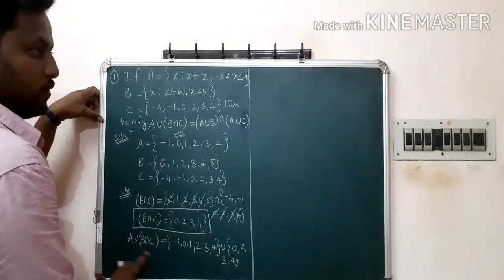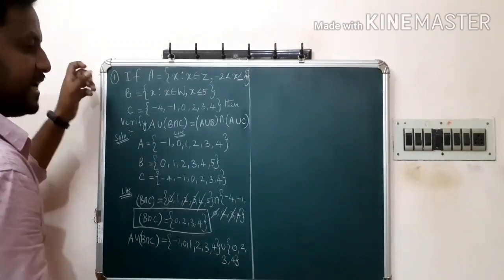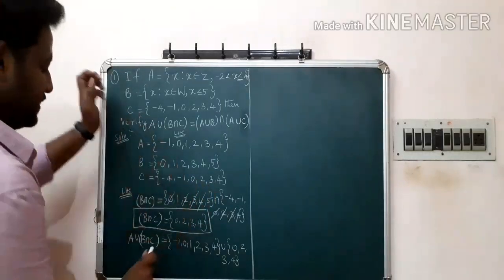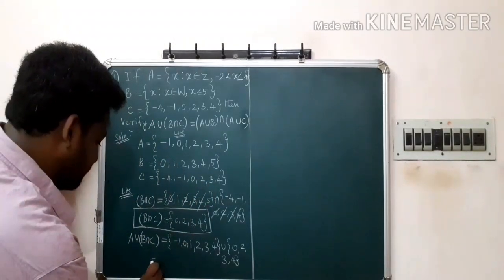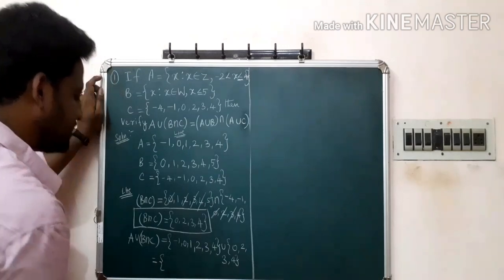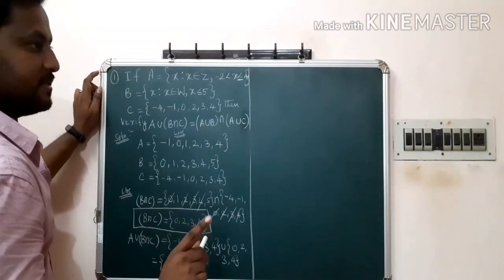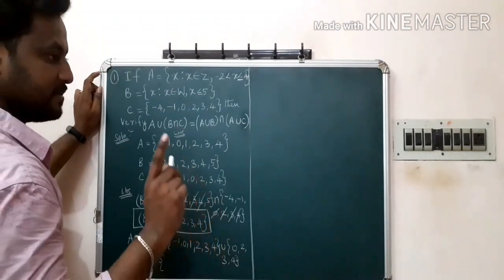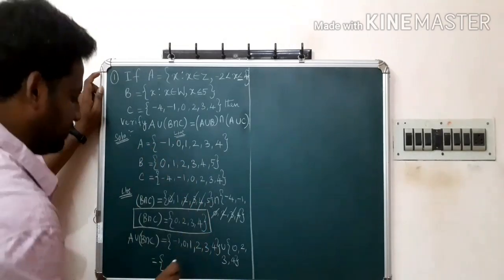So we have to take the union. We know that union means we have to combine the two sets, so we have to write the elements. We know that in a set, one element is represented only one time.